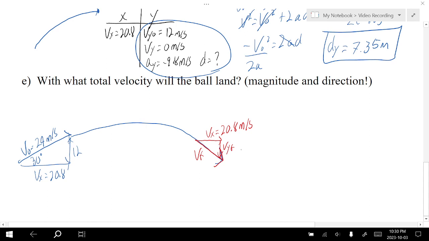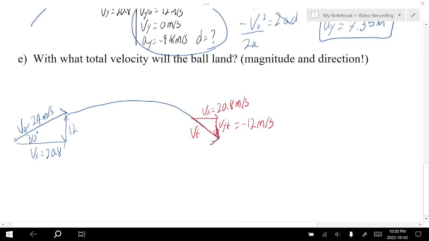Vy final, if we reach the same height, as we've already discussed, is negative 12, because it was shot upwards with a vertical velocity of positive 12. It comes back down to Earth at negative 12. Now you can see the components are the same on both sides.